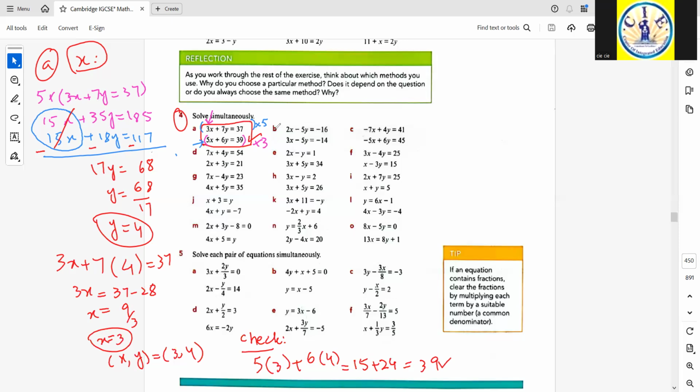And the rest of the parts are the same. Let me choose part K, for example, to solve it out.